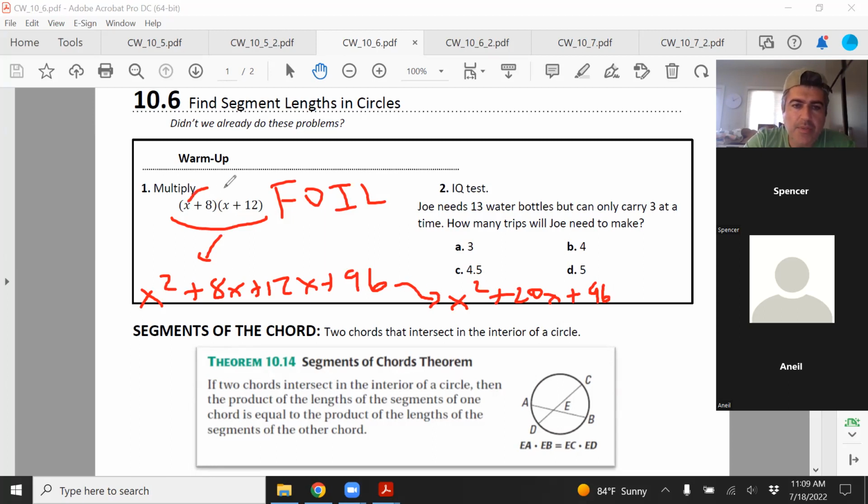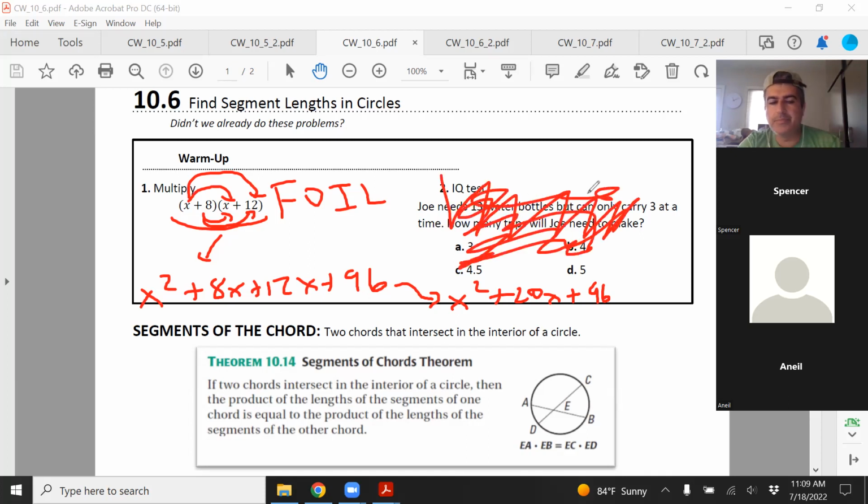So FOIL means first, so x and x is x squared, outside, x and 12 is 12x, inside, 8x, last, 8 times 12, 96. So x squared plus 20x plus 96. And let's just cross that off. Okay. So x squared plus 20x plus 96.